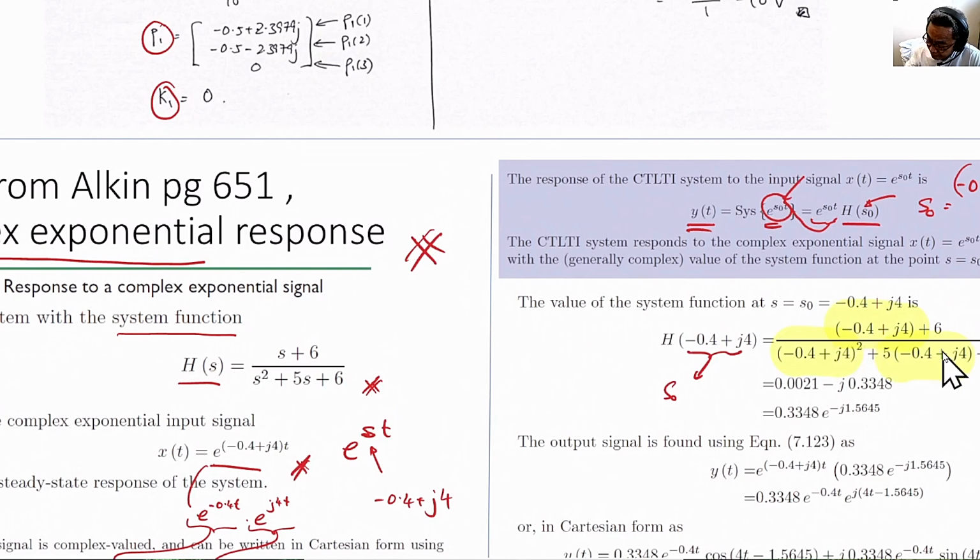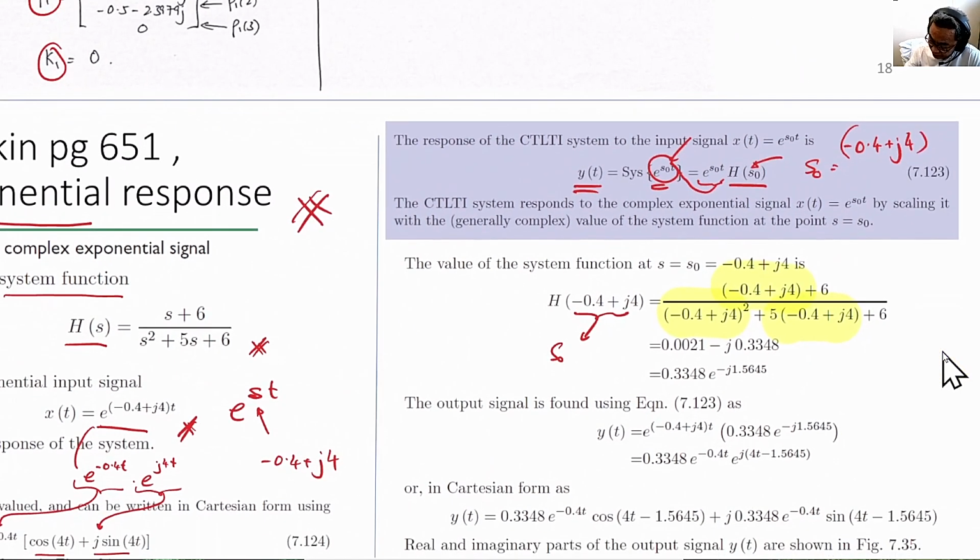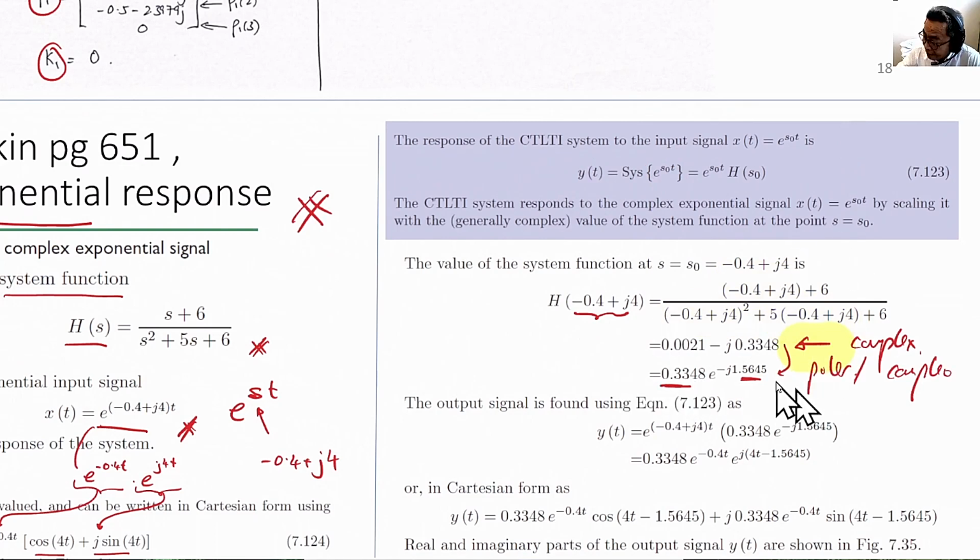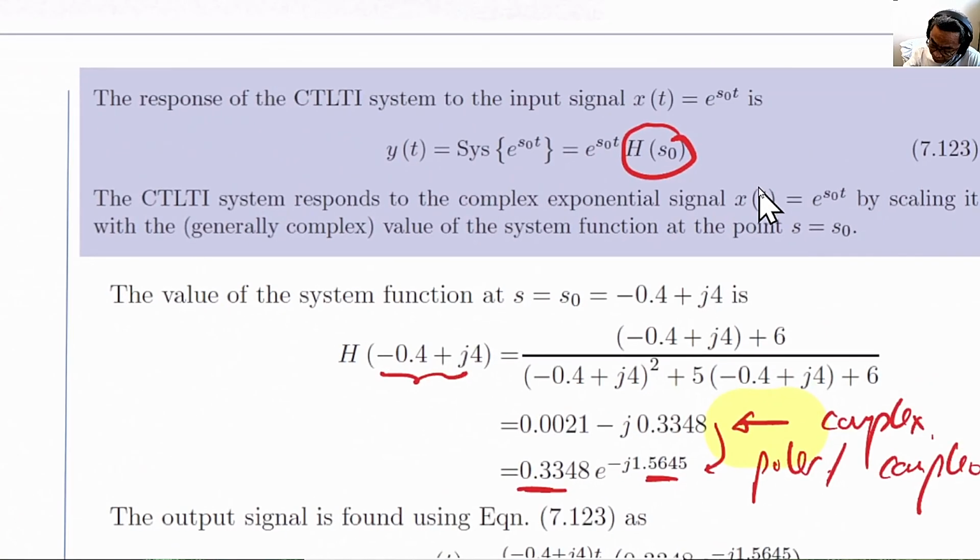You'll see that I've highlighted the various s's, and when we finish evaluating, out comes a complex number in rectangular form, and then we convert it into the polar form or the complex exponential form, showing the magnitude and the phase. This magnitude and phase is exactly H(s0) over here, and we can use that to multiply by the original signal e^(s0 t).